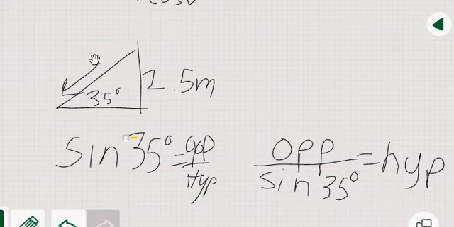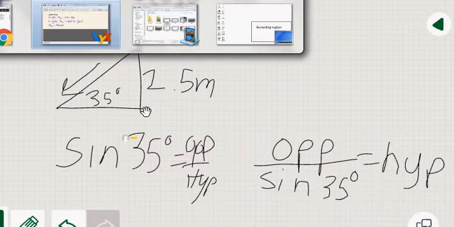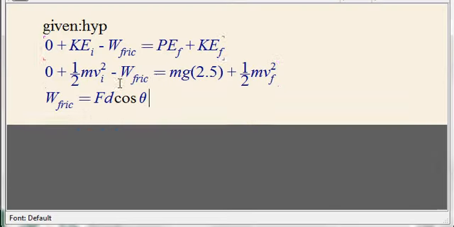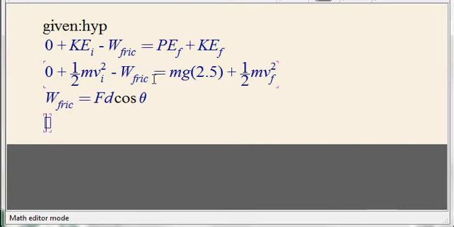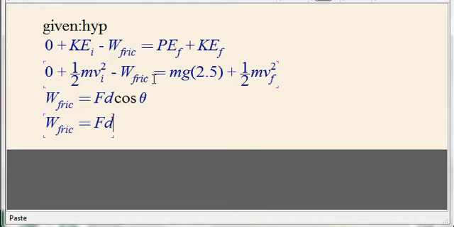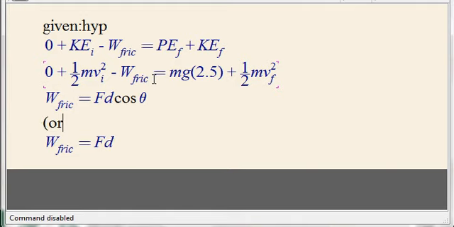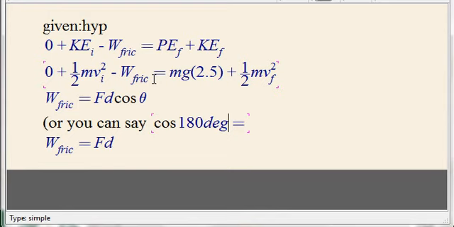So hey, the theta just kind of goes away. Or you can call it 180 if you want. So I'm going to just make it go away. But for those who are mathematically inclined, you can say cosine of theta equals cosine of 180 degrees, that is, equals -1, which is why the work due to friction is negative.